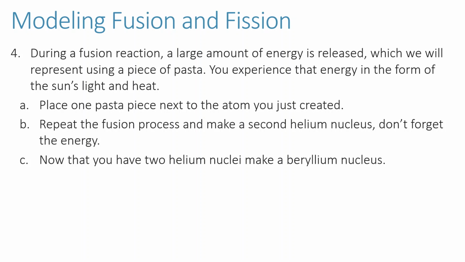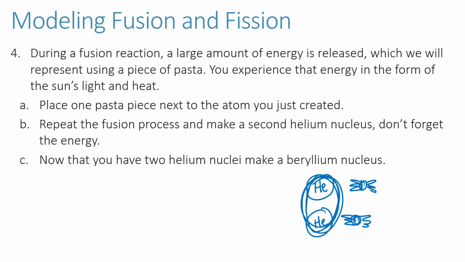So at this point, we've got a helium and a helium, and we have a pasta piece and a pasta piece. So this is the amount of energy that was released whenever we made helium. Well, if we combine these together, that's going to give us beryllium, Be.